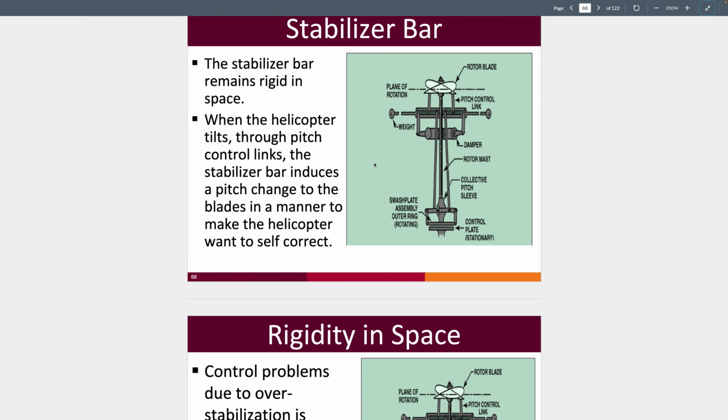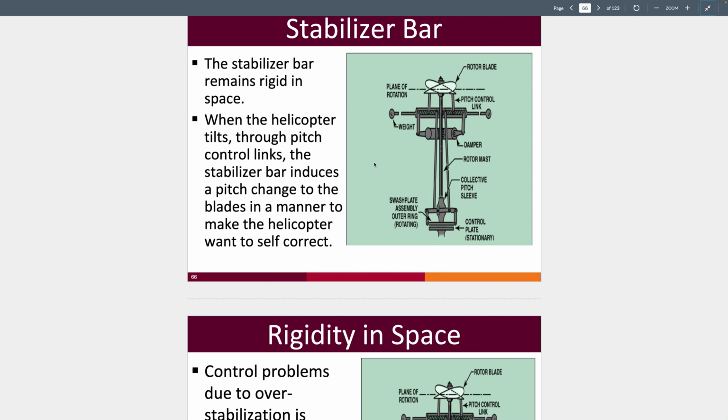The stabilizer bar is seen here as well in this helicopter module that I have here. Usually it'll be perpendicular in a two-bladed system to the two blades. It is connected intricately to the swash plate and also provides the pitch links with the required up and down movement that is used to feather the blades.